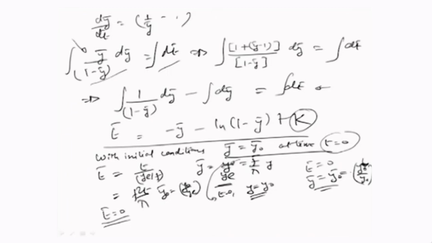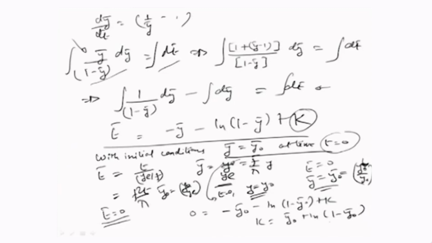So, t dash 0 is 0 here, and we get 0 equals minus y dash 0 minus ln 1 minus y dash 0 plus k, and k becomes equal to y dash 0 plus ln 1 minus y dash 0.